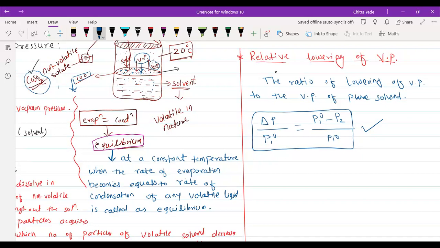Which one? The non-volatile solute. How we have to calculate that, we are going to understand now. Till here, any doubt? No, sir.